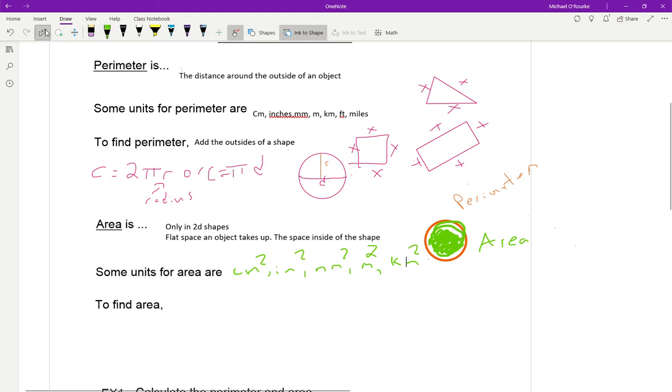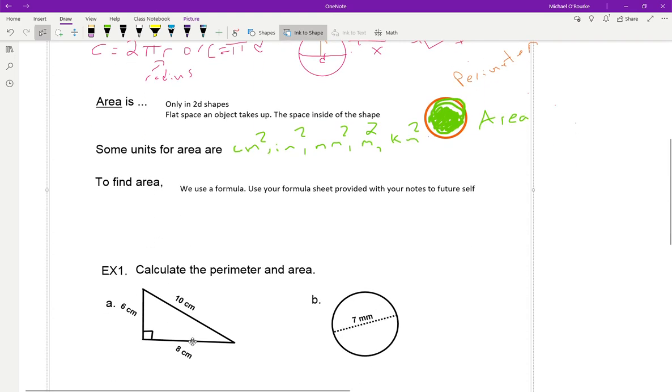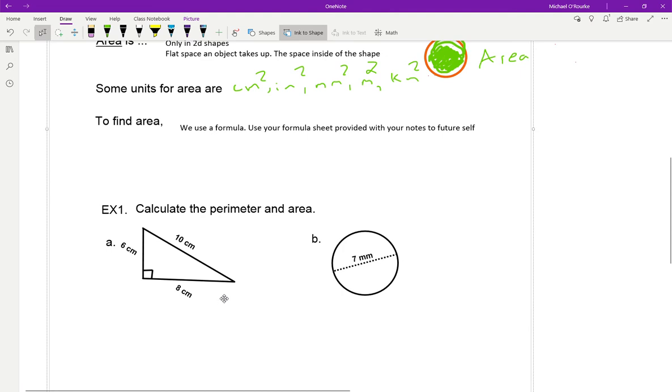So to find the area, we use a formula, and more specifically, use your formula sheet provided with your notes sheet, with your notes to future self. Right now you should be looking in your notes to future self, find that.